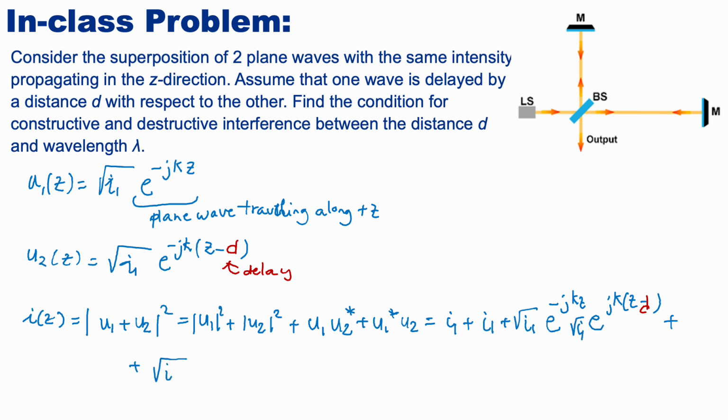So it's going to be the square root of the intensity, the other square root, jkc minus jk(c minus d).